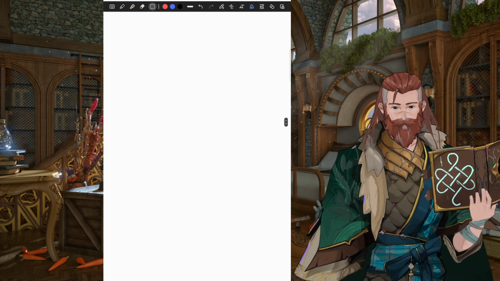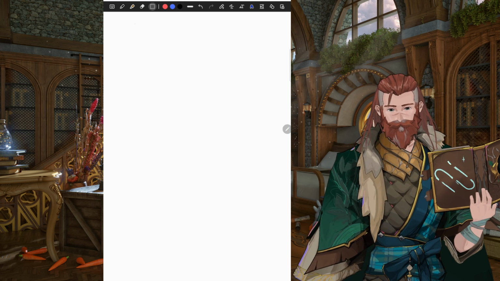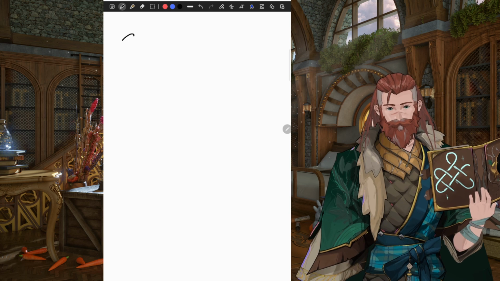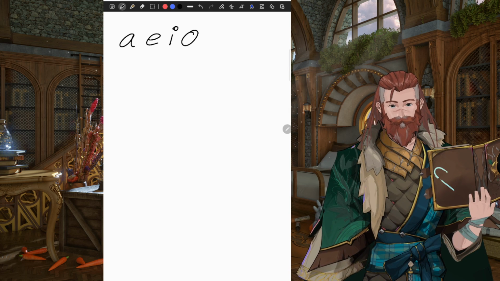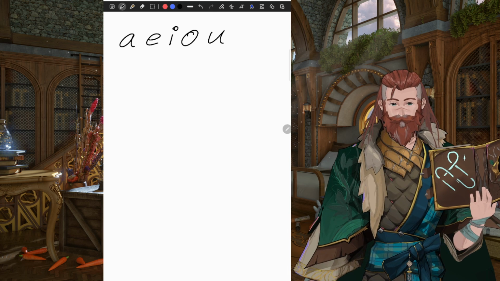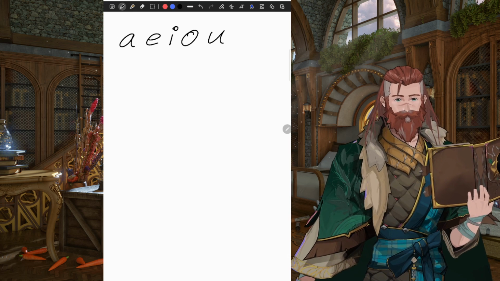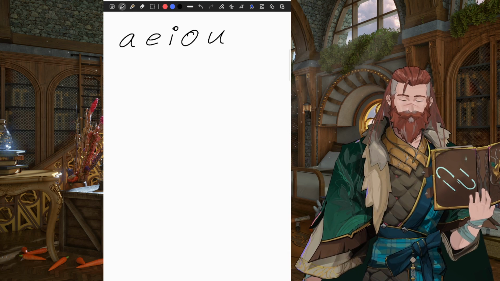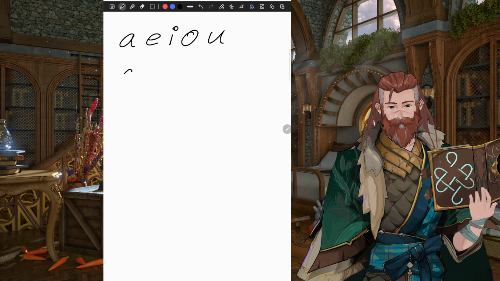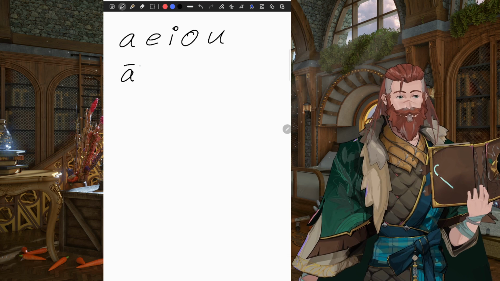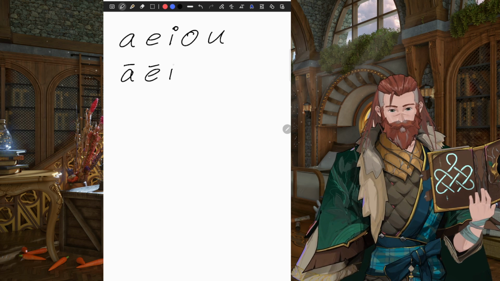At any rate, back to the vowels here. A, E, I, O, U. Now, as mentioned before, there are also longer forms of these vowels, which have accents over them called fadas. Fada in Irish just means long.